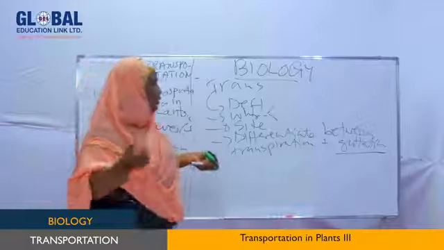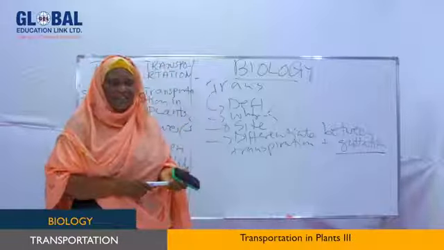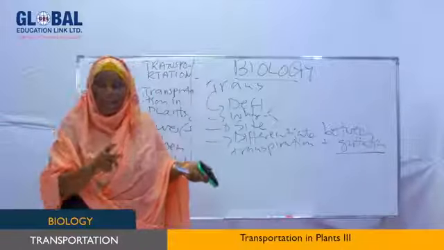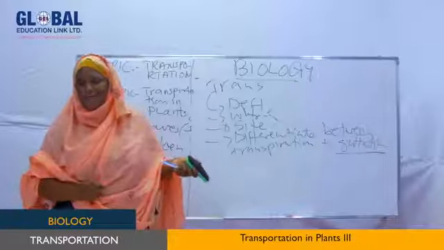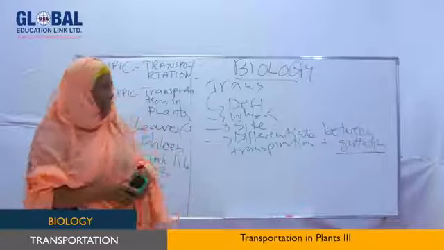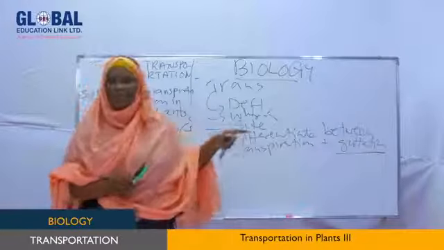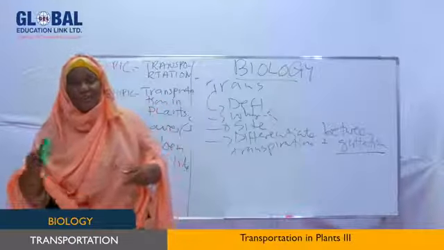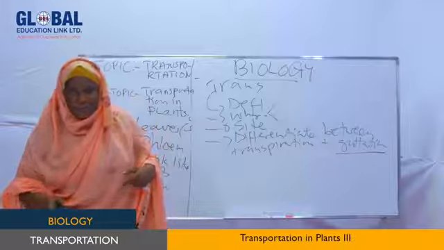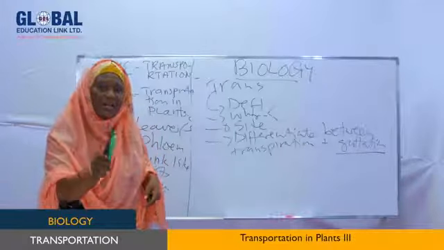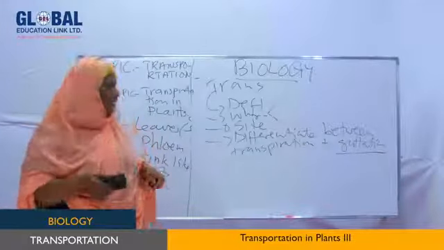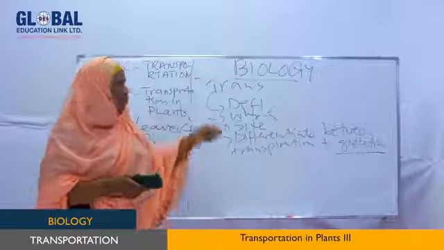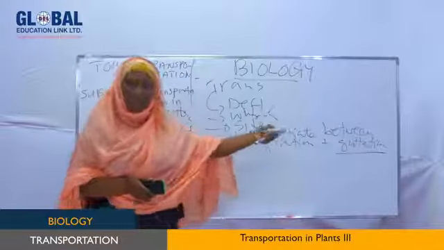In short, we can say that guttation is loss of water in plants in the form of liquid. In transpiration, water is lost in the form of vapor, but in guttation, water is lost in the form of liquid. Therefore, it is your time now to differentiate or distinguish between these 2 terms.